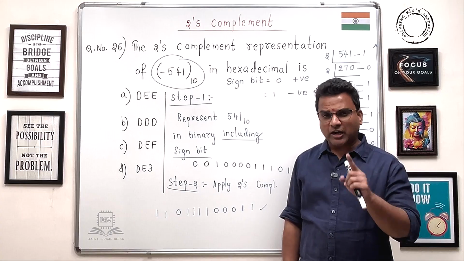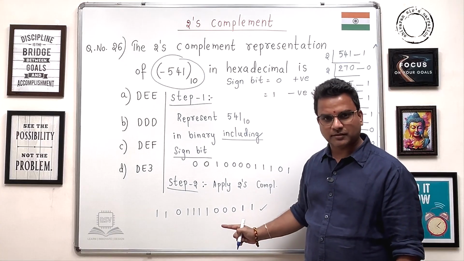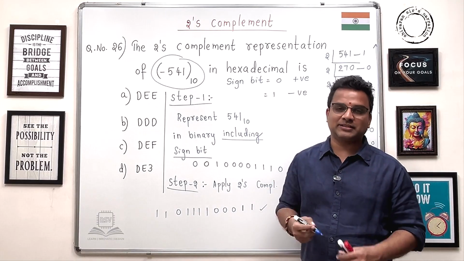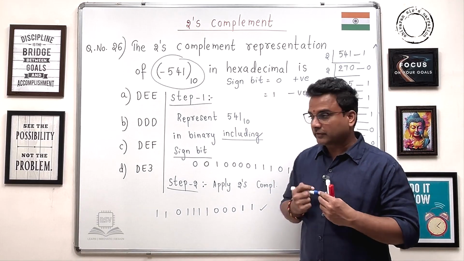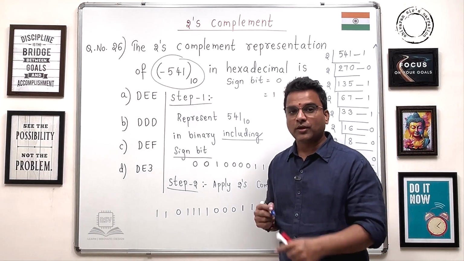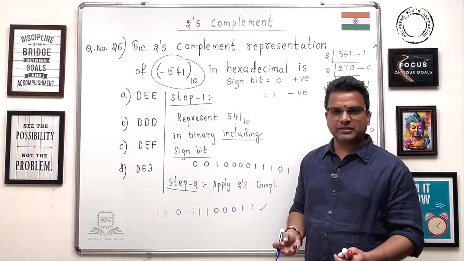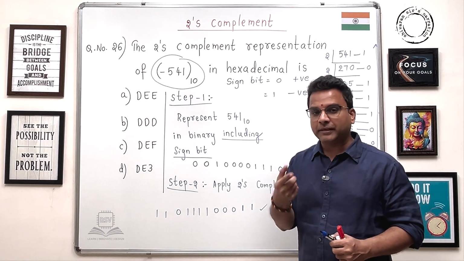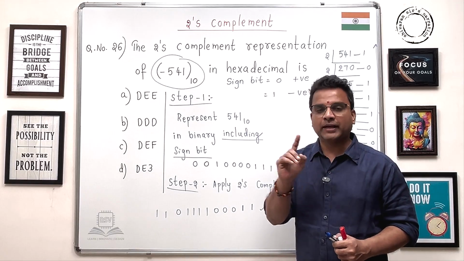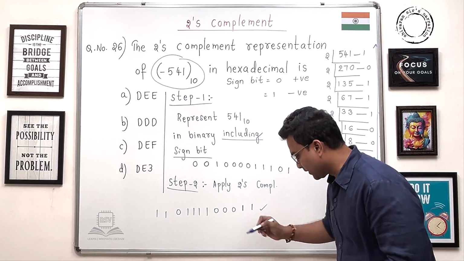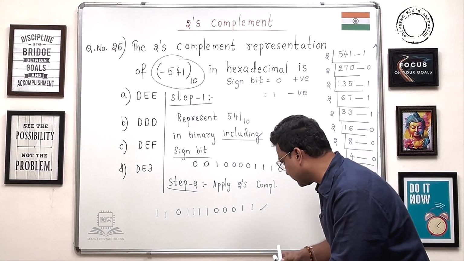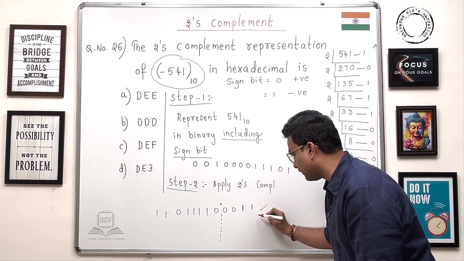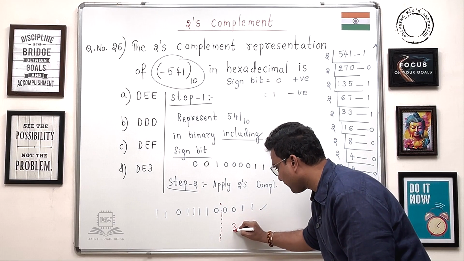Now what next? If the options contained 1s and 0s like this, the problem would be over. But the options are not in binary sequence. Hence we want to convert this binary sequence into hexadecimal form. We already studied in the previous videos: you group 4 binary bits to make one hexadecimal digit. Therefore here we take 0011, that is 3.